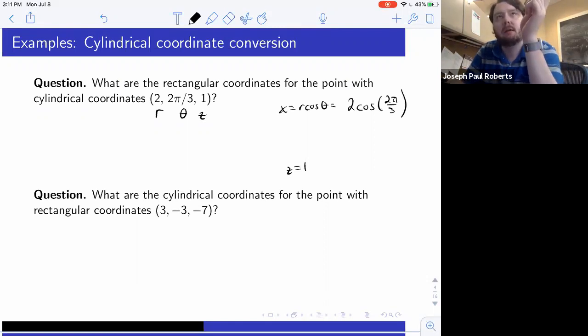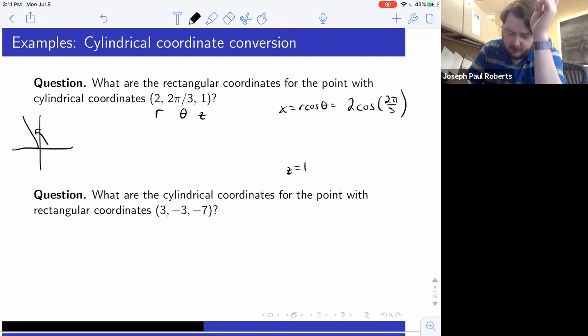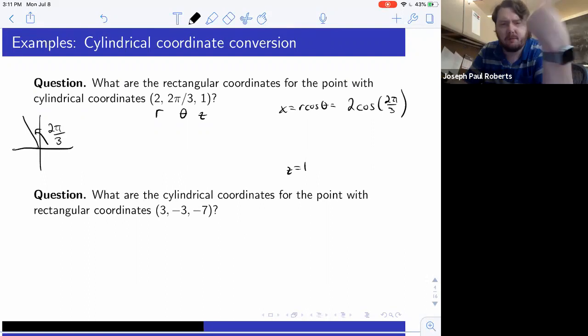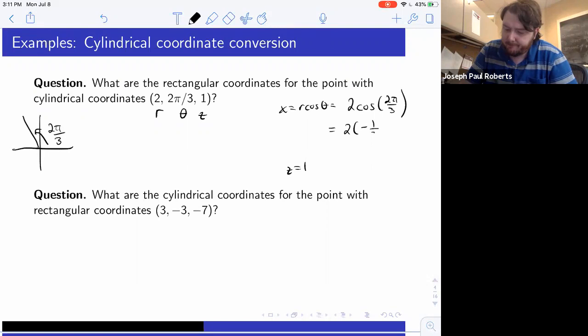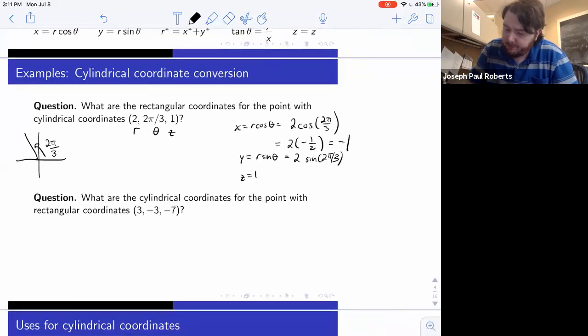2 pi over 3 is this angle here. So its reference angle, I guess, is pi over 3. It's second quadrant, all that fun stuff. Your cosine of 2 pi over 3 is minus 1/2, so you end up getting minus 1 as x, and then y is r sine theta, so 2 sine of 2 pi over 3, which is 2 times square root of 3 over 2.